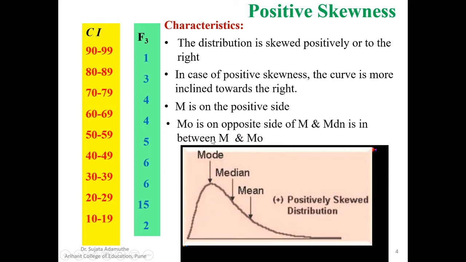Mode is on the opposite side of mean, and median is in between mode and mean. That means mode is always on the opposite side of mean, and median is always in between mode and mean.